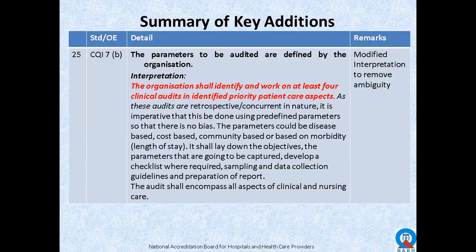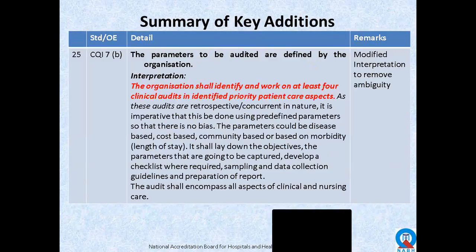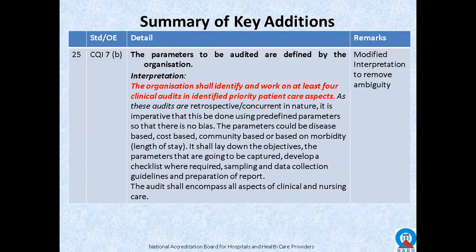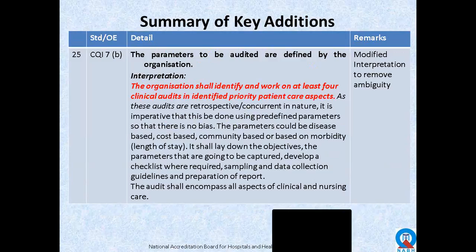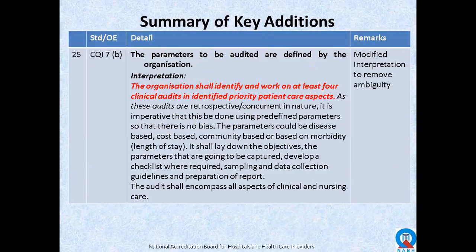As these audits are retrospective or concurrent in nature, it is imperative that this be done using predefined parameters so that there is no bias. The parameters could be disease-based, cost-based, community-based, so that has already been there. The only thing which has been added is at least 4 clinical audits have to be identified and worked on. Till now there has been no definition of numbers.